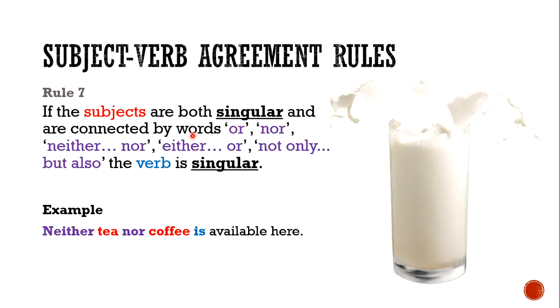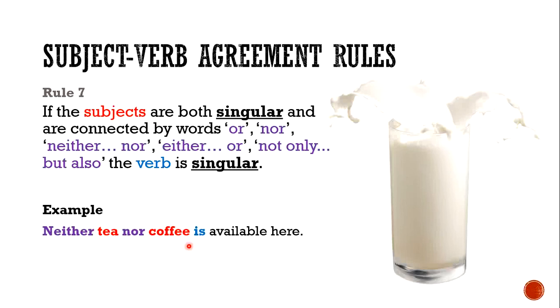You have noticed that these conjunctions generally take two subjects. Now, if the subjects are both singular, this one and this one are singular number.